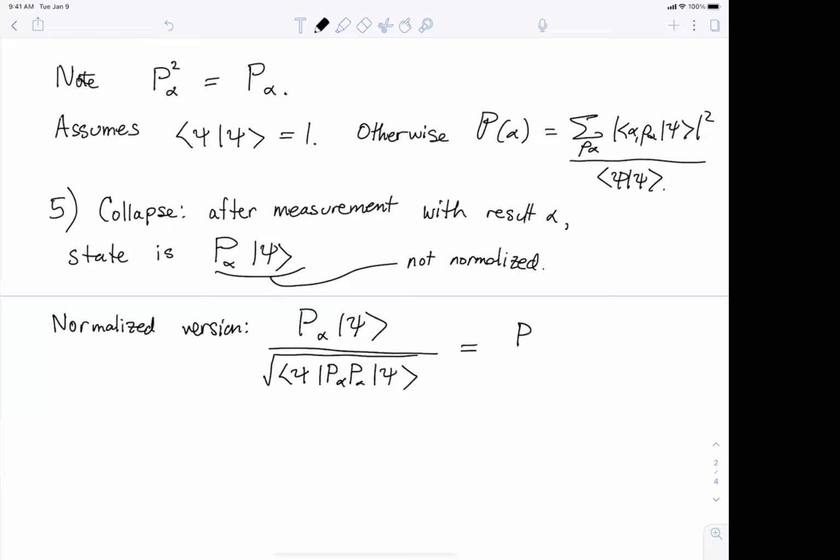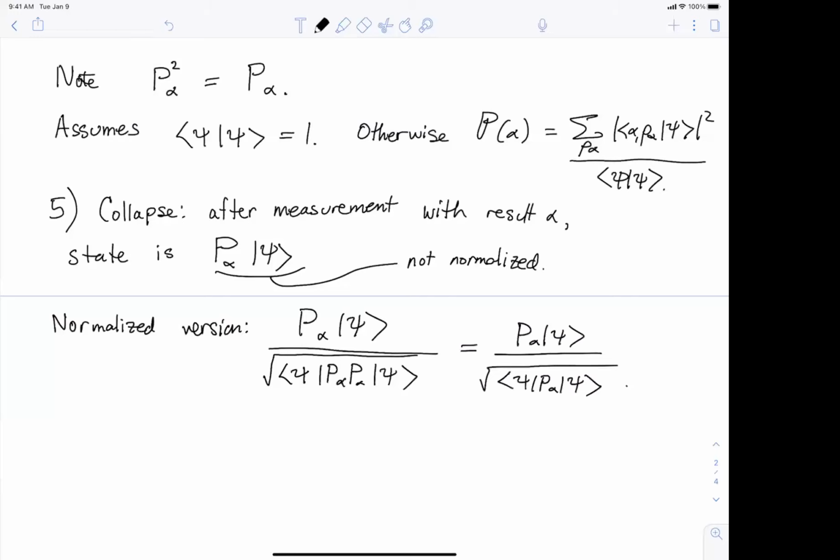So this is P alpha psi over the square root of psi P alpha psi. But again, that assumes that your ket is actually normalizable.